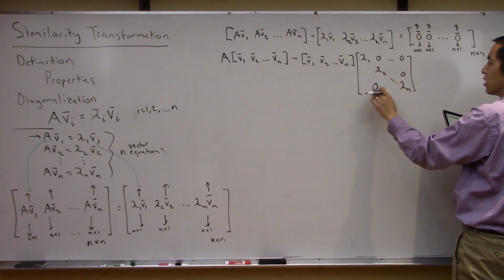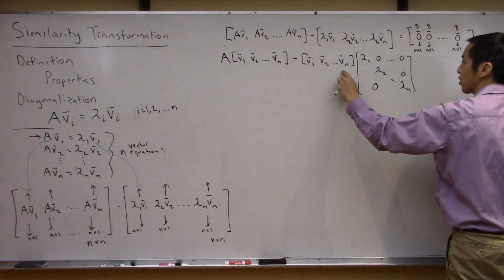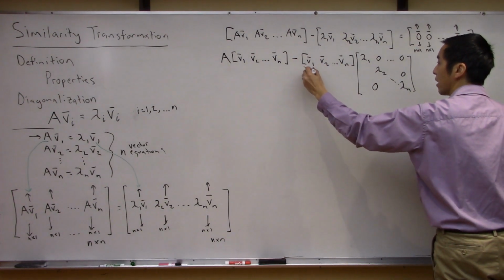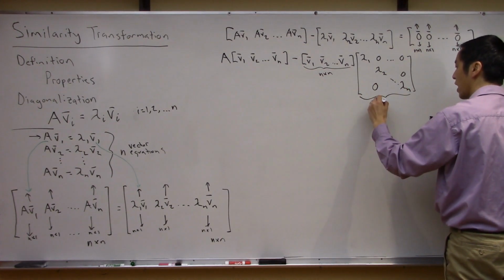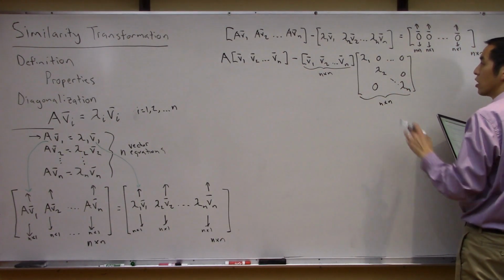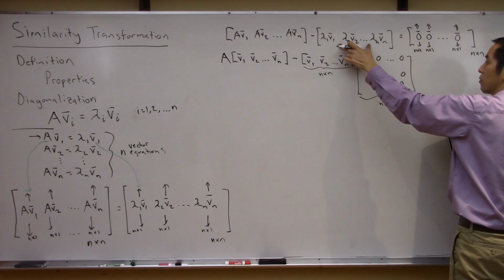Take a little while to convince yourself of this, that this matrix, which is an n by n, and so is this thing. This is an n by n matrix, right? The product of these two is this term up here, right?